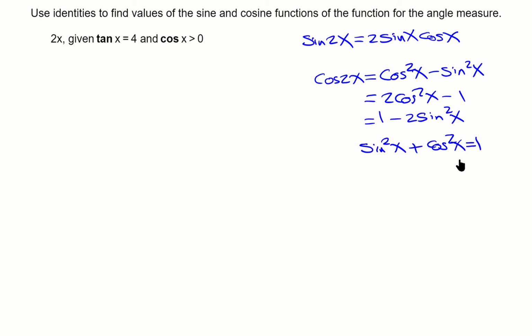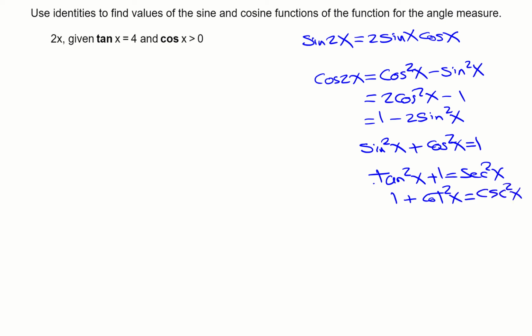If you divide both sides by cosine squared, you end up with tangent squared x plus 1 equals secant squared x. And if you divide both sides by sine squared, you end up with 1 plus cotangent squared x equals cosecant squared x.